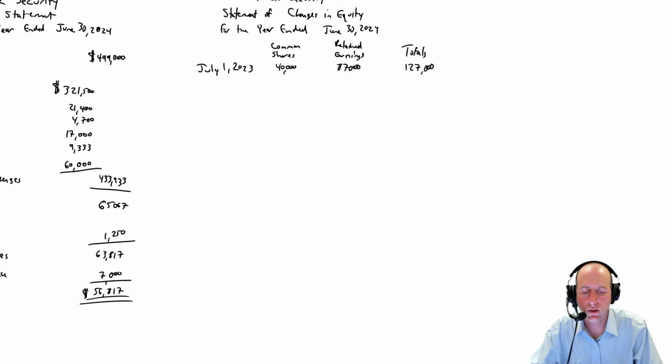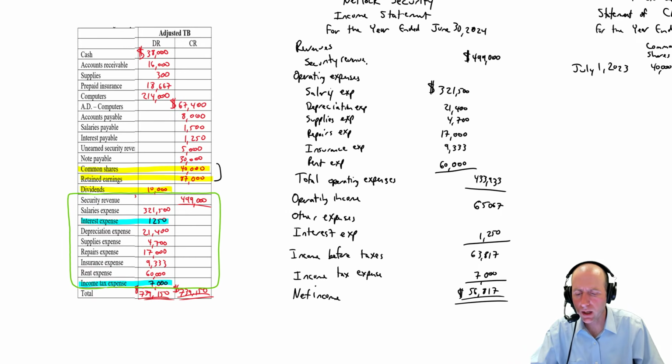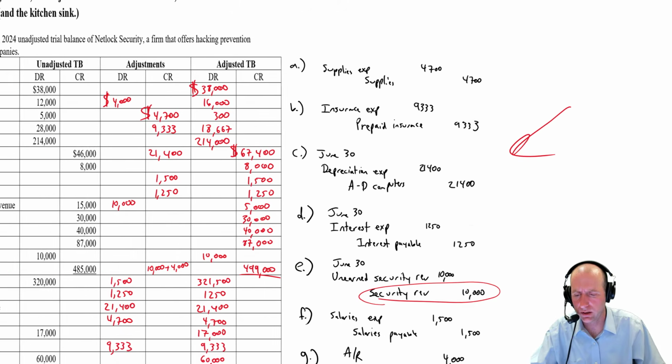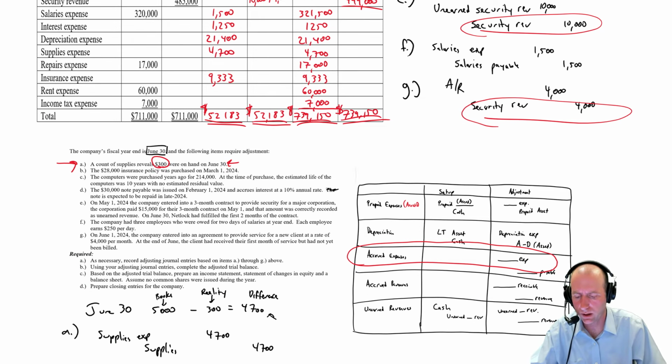Okay, so July 1st, 2023, we assume there's no common shares issued or repurchased, but retained earnings is absolutely impacted here. In fact, it might say in the question, I'm going to just double check. Assume no common shares were issued during the year. So yeah, we can assume that those common share balances are from the beginning of the year.